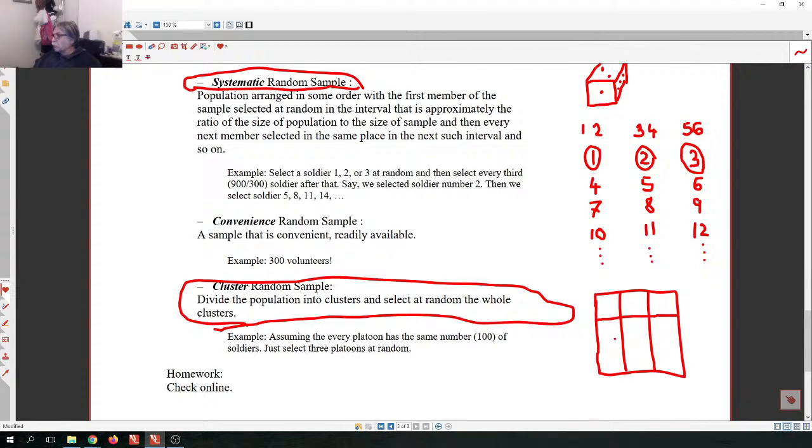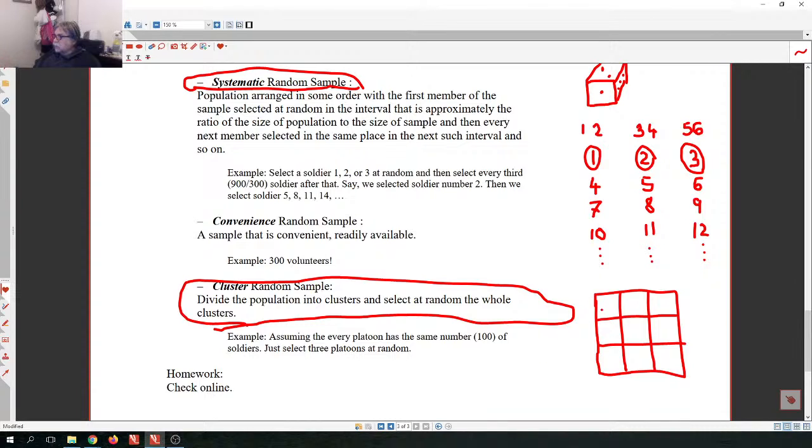So for example, in my story about the soldiers, we can talk about platoons, right? The battalion would have probably 9 platoons. So each platoon is 100 soldiers. So instead of going any other way, I would just simply get numbers from 1 to 9, put them in a hat, and just draw 3.